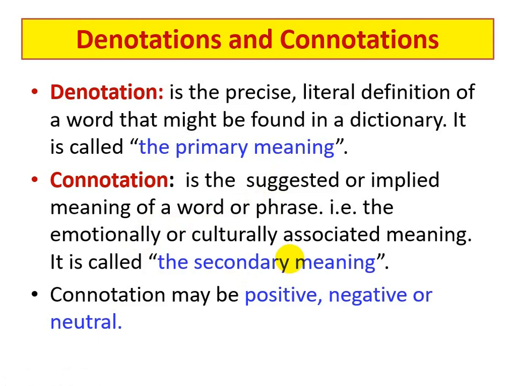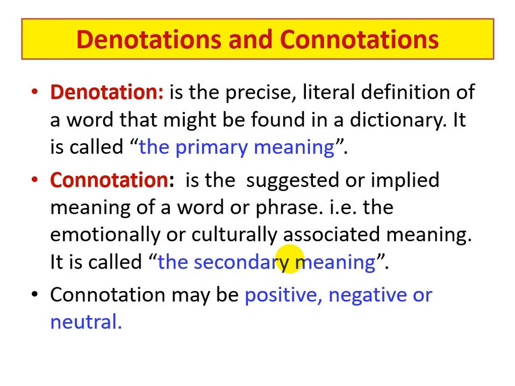What is meant here? We mean that any single word, or even a phrase, a group of words, has something called denotation, which is the primary meaning, or the literal definition of the word, which can be found in the dictionary, and another meaning called connotation.